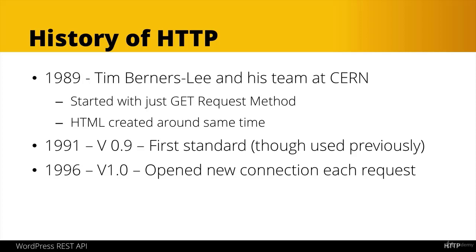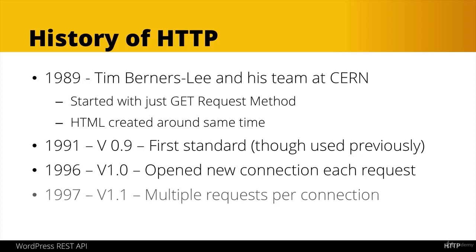And a request and a connection are actually two separate things. And with version 1.1, which we've seen in action for a long time, you could actually open one connection to a server, think of that as a tunnel, and then pass multiple requests back and forth, which is less expensive resource-wise than having to open new connections each time.